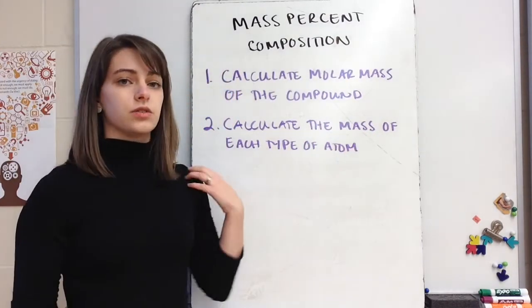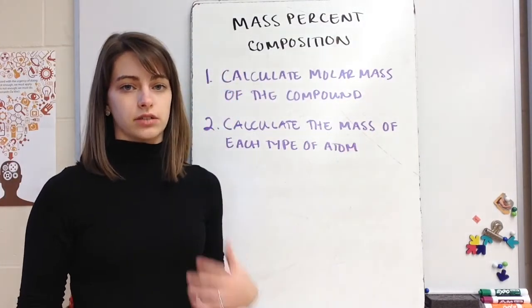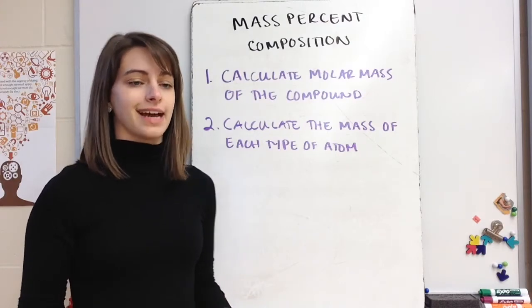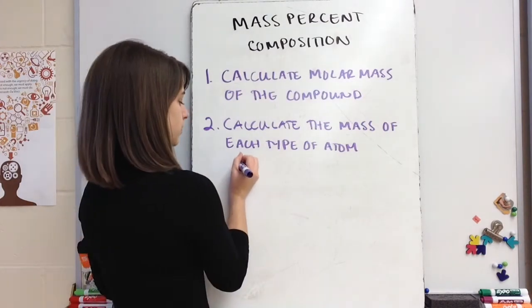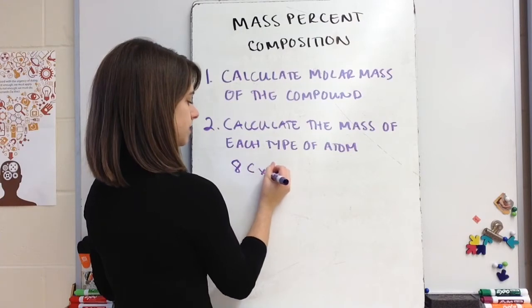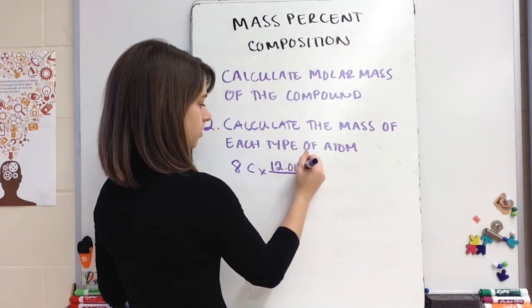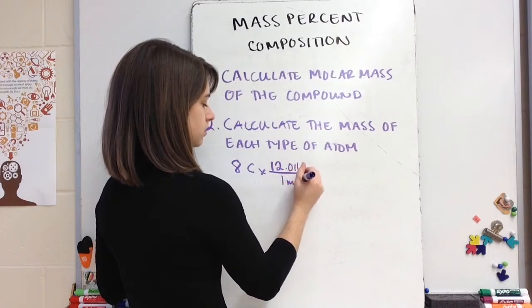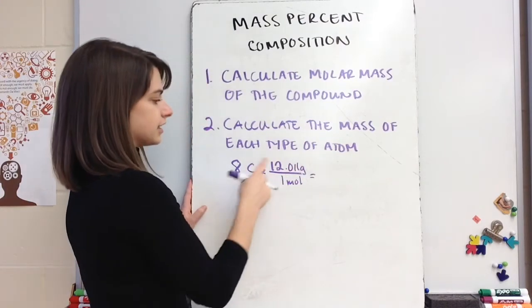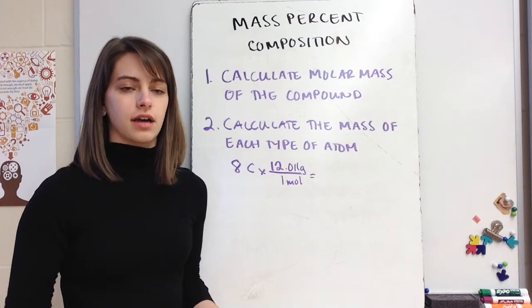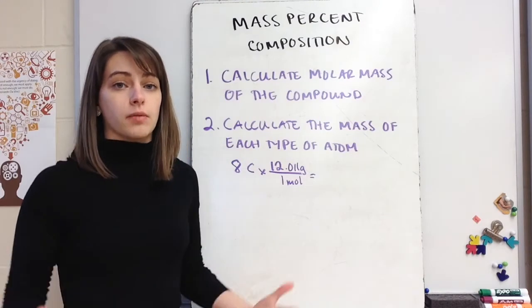And you do this using the molar mass of that particular substance. So say a compound has 8 carbons in it. We would take 8 carbons times the molar mass for carbon, which is 12.011 grams. And so we do 8 times 12, and that would give us the mass of the total carbon in that compound.